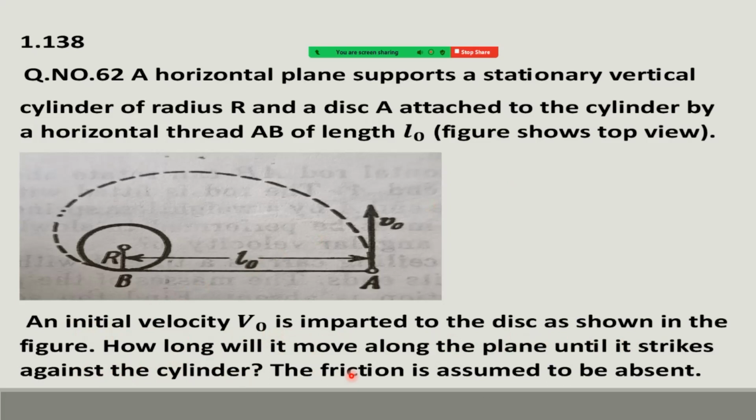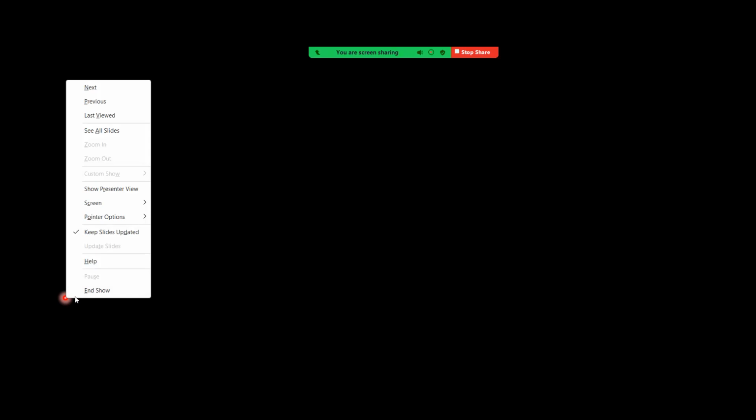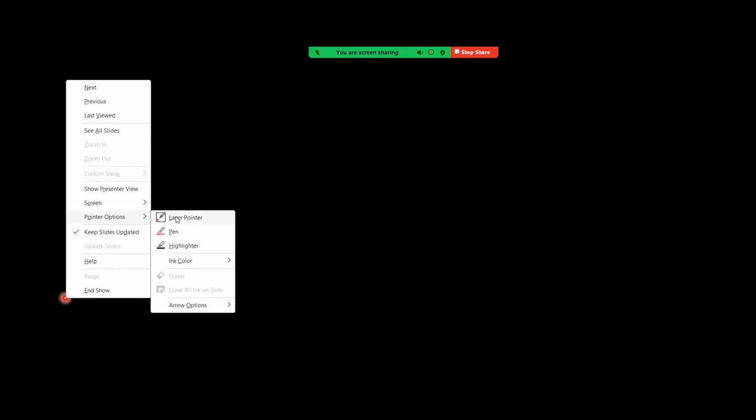Okay, let us see how to start. At first, make the given diagram. This is now the cylinder. We are seeing from the top, so this appears to be just like a circle. Having a string now, its length is L0.